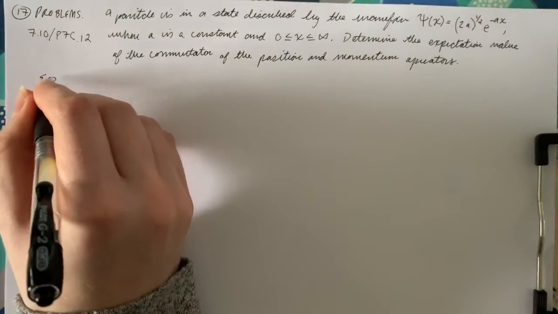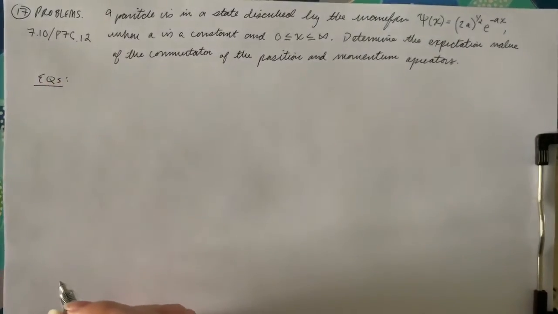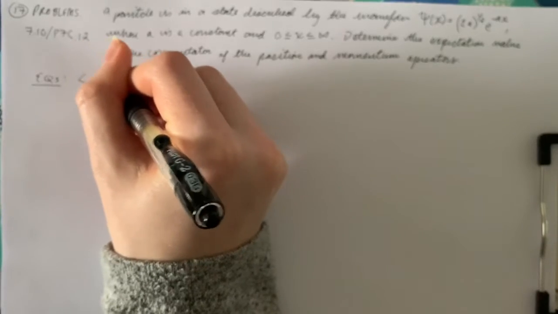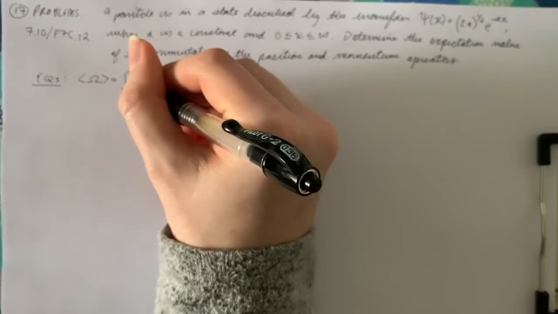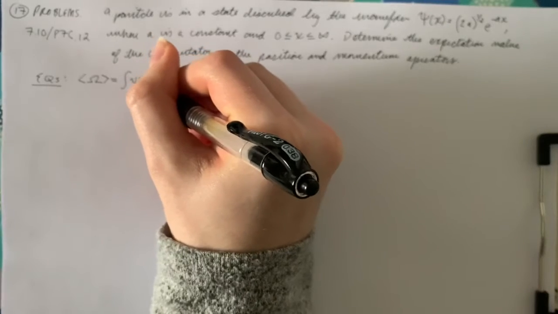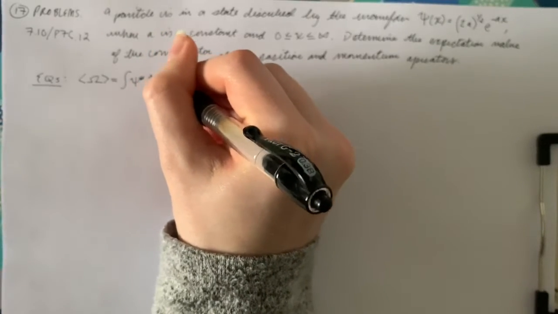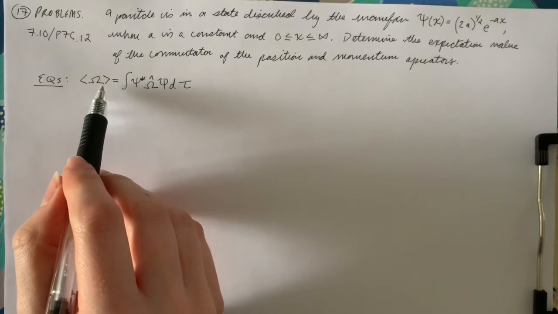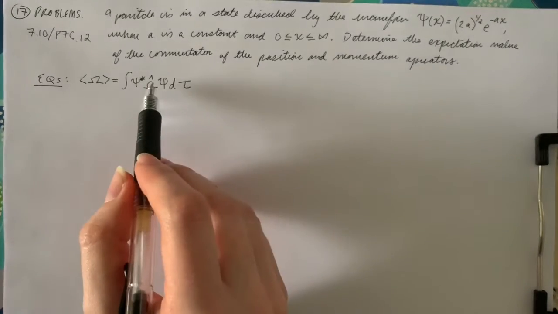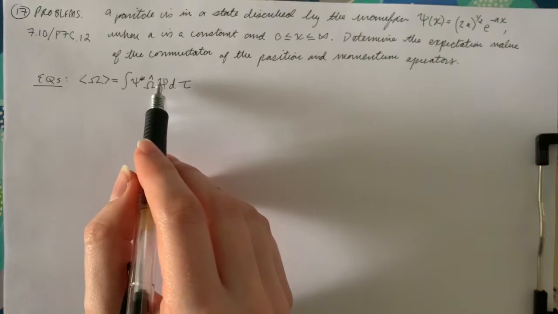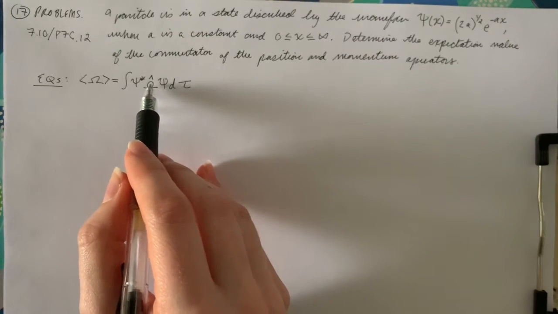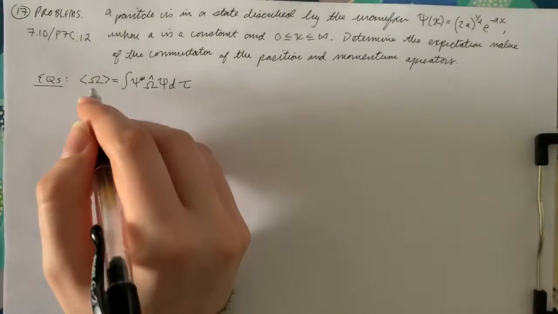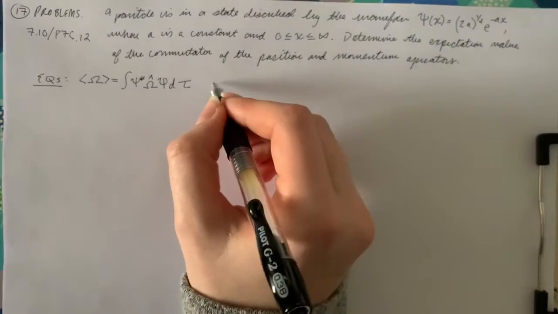Some equations that I used for this are the equations for the expectation value, where the expectation value happens when the operator is on one psi only and then multiplied by the other psi, or by psi again. And then I should write this is expectation value.